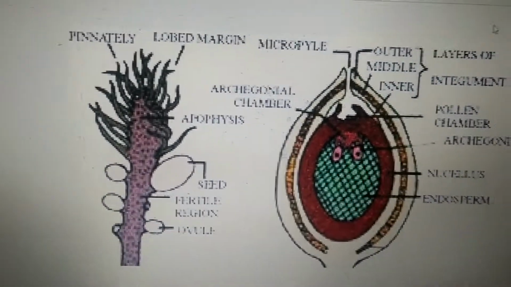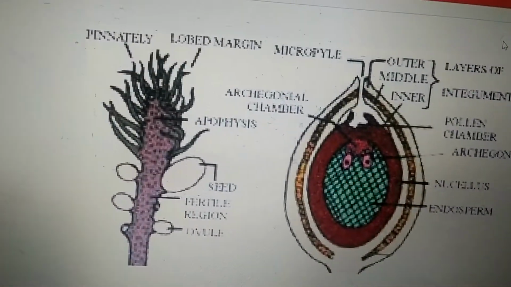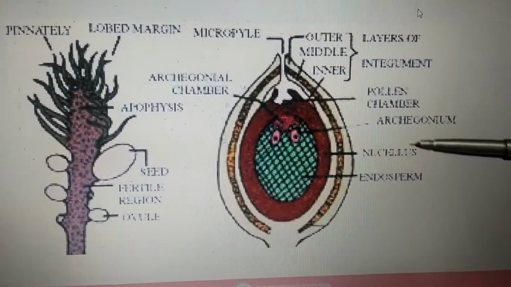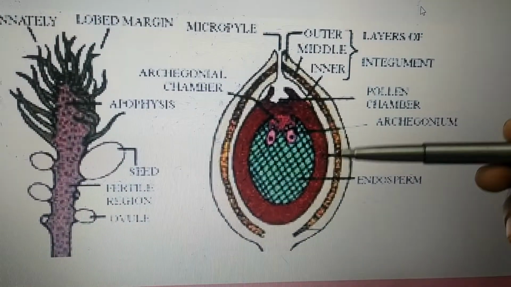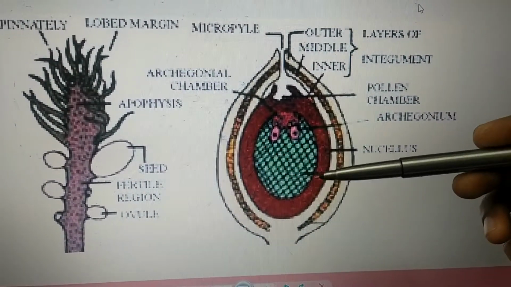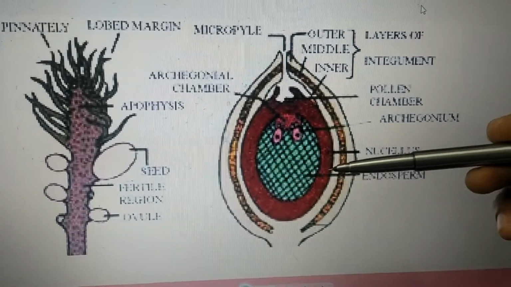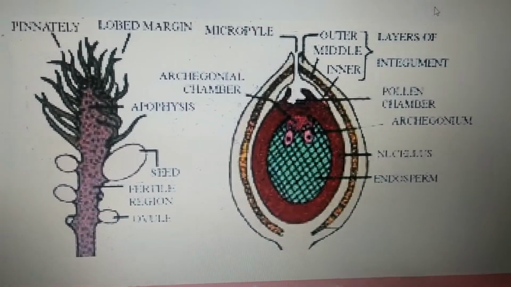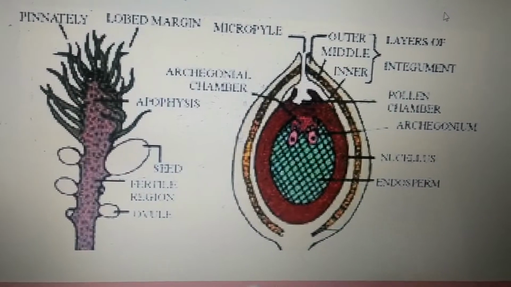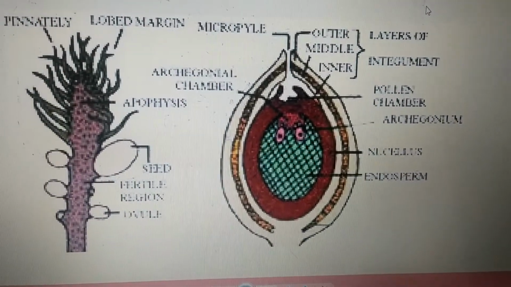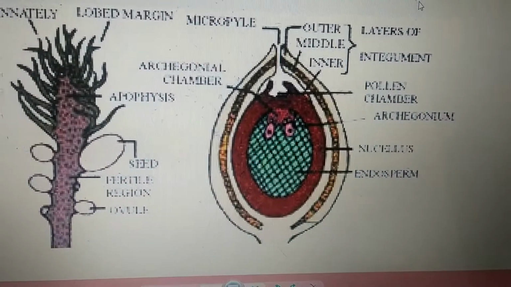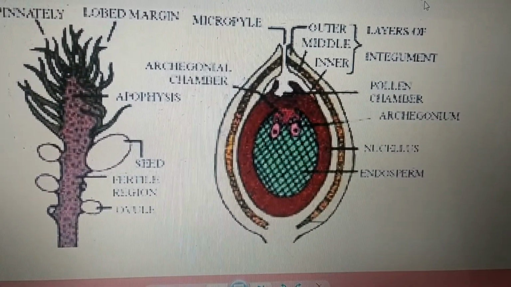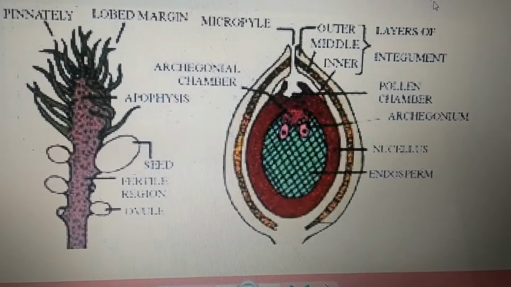Now concentrating on these ovules, the enlarged structure, the anatomy of the ovule, looks somewhat like this. A longitudinal section of the ovule looks like this. Here the ovule is orthotropous. We have all gone through sexual reproduction in flowering plants, so we very well know what nucellus, integument, and ovule are.